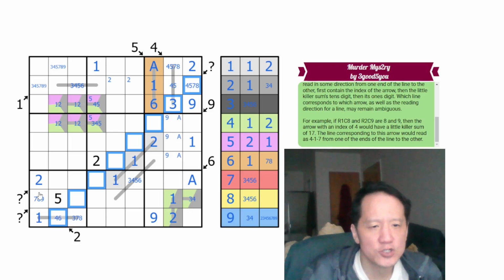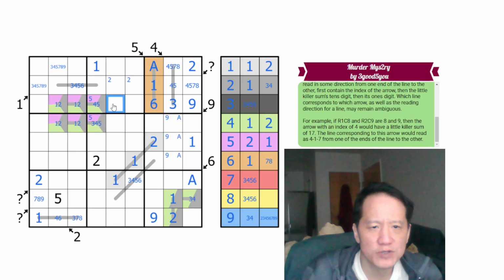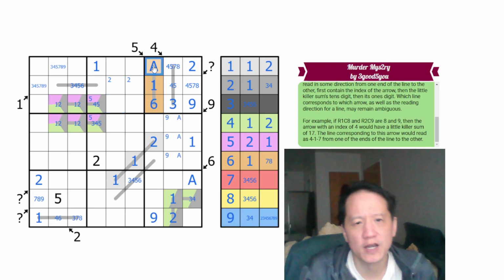Oh, this is a 2. So this could be 2 plus 8 plus 9. So that's 19 plus 5 at most. 24 plus 8 plus 9. 41 plus 8 is 49.